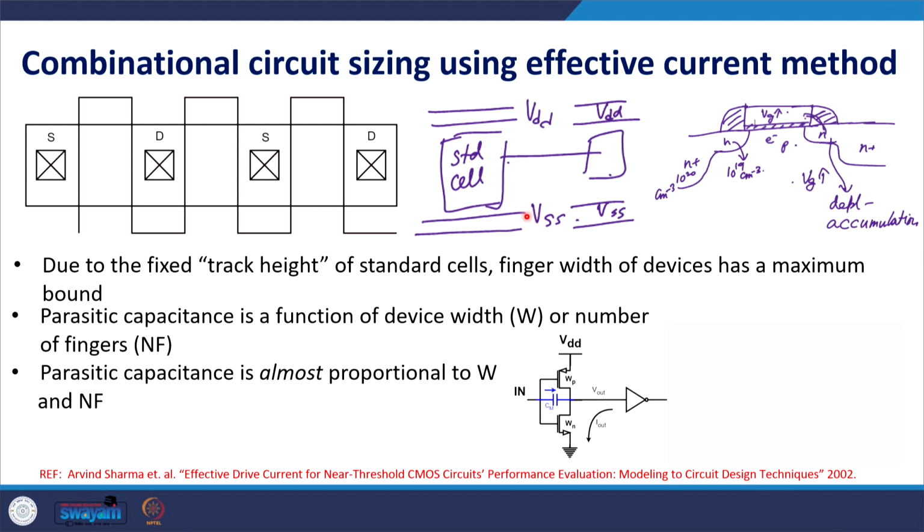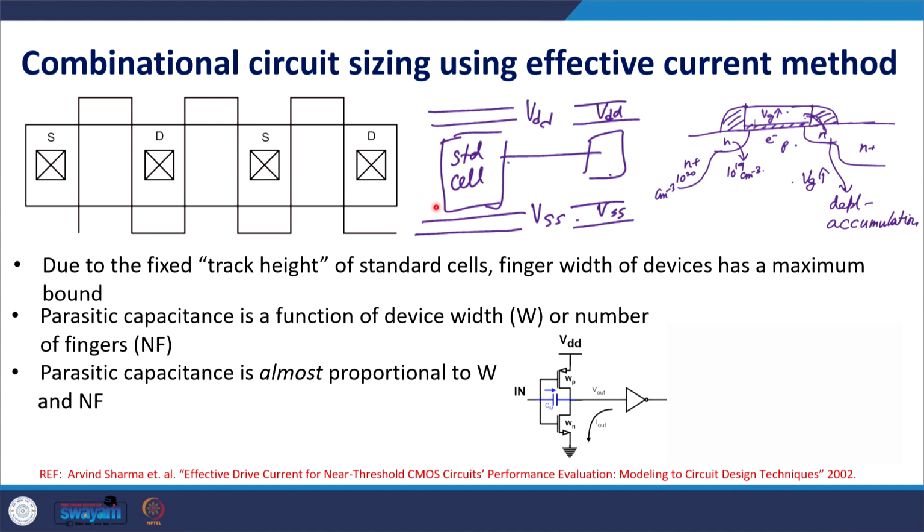The implication is that with this fixed track height, you allocate some part of the height for the N well, and the other part for the P well if it is a dual well technology, or for the substrate. So you can have P MOSFETs only in the N well and N MOSFETs here in the substrate. So you can have a certain height for the P MOSFET.